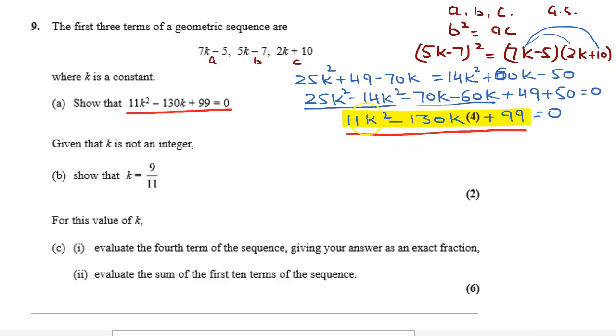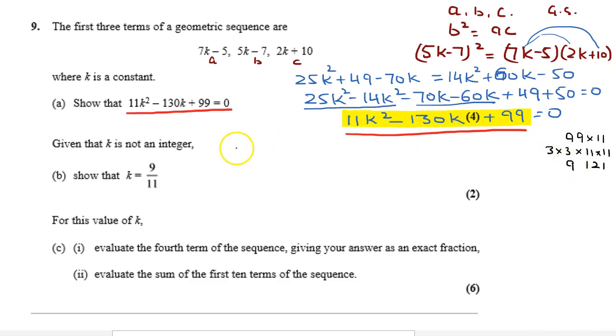Now 11 times 99 is 99 times 11, and we need 130. So this is 3 times 3 is 9 times 11 times 11. 11 times 11 is 121, and 3 times 3 is 9. 121 plus 9 is 130.